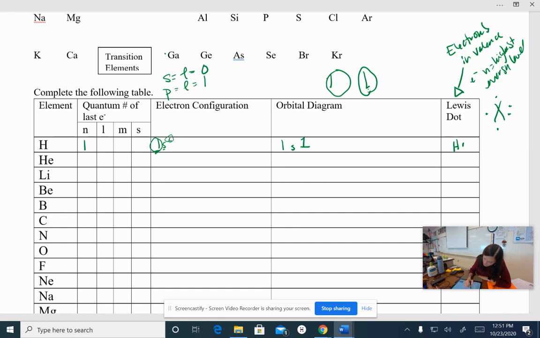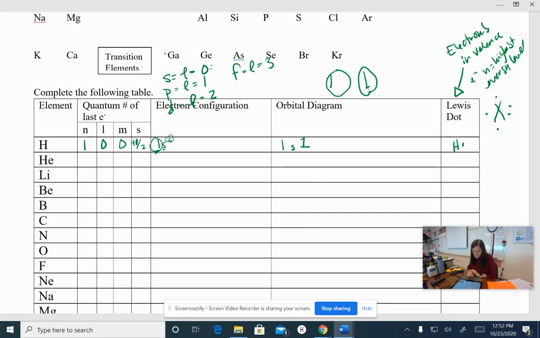If I put it in a d orbital, that means L is 2. And if I put it in an f orbital, that means L equals 3. So it was an s orbital, so I'm going to put 0. And the orientation, there's only one orientation for n with L. M can only be 0 there. And it was an upspin, so it's going to be positive 1/2.